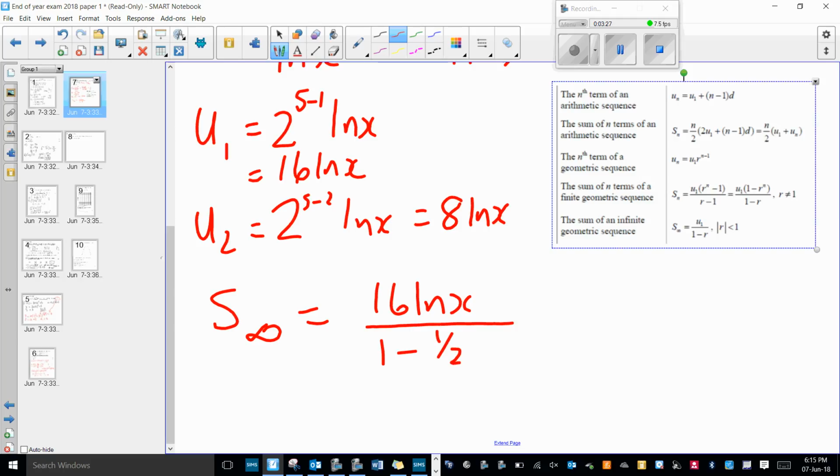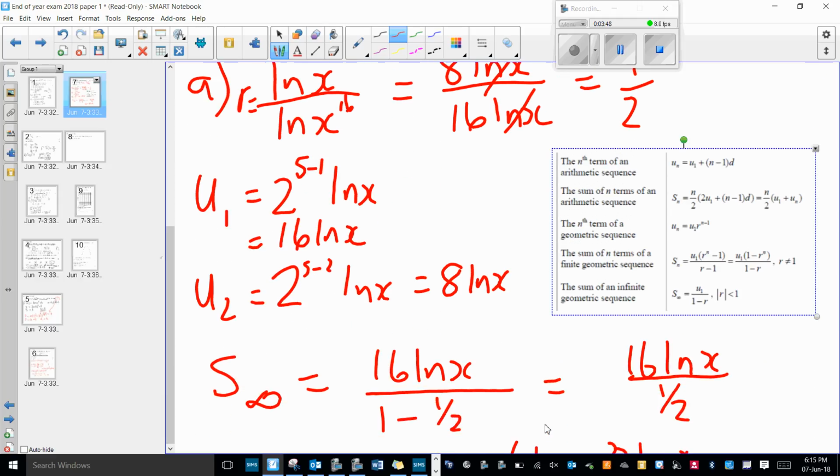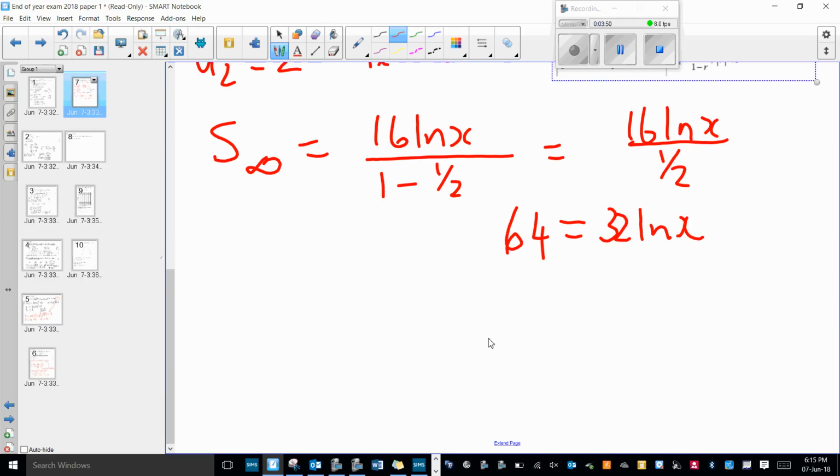So 16 ln x divided by 1/2. If you're dividing something by a half, it's the same as multiplying by 2. So we have 32 ln x, and that value is equal to 64. So we're trying to find ln x, so we're going to do 64 divided by 32. So that's 2 equals ln x.